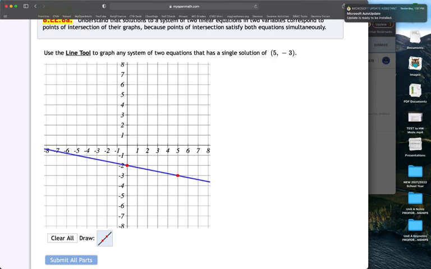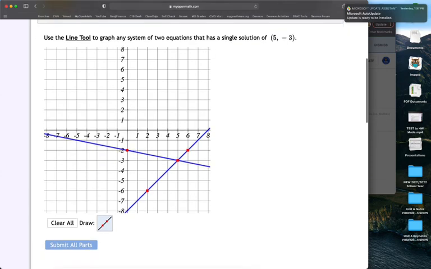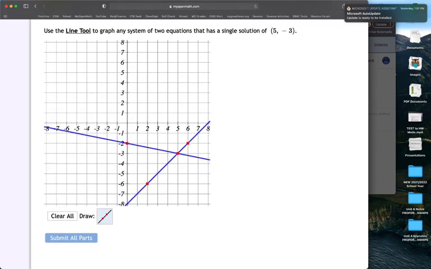The second one also has to go through that point, so maybe like that. And so basically we have satisfied what we were supposed to do. We used the line tool to graph any system of two equations, and they happen to cross each other at 5, -3. So therefore, that has to be the solution to that system of equations.